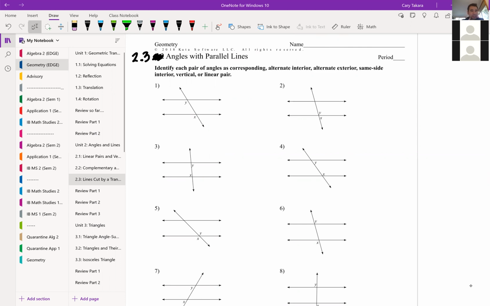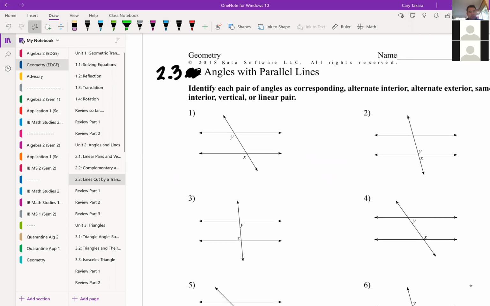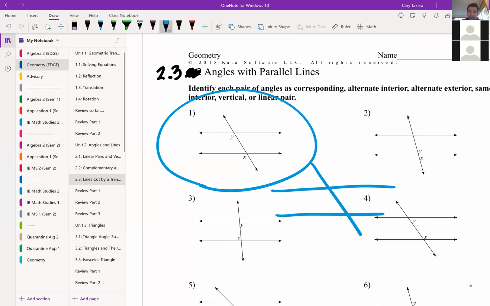It's very important that you build this skill. Now I want you to write down the diagram too. It's going to be quick: just draw two lines and a transversal, and then write down Y, and this one is X. So this is number one.